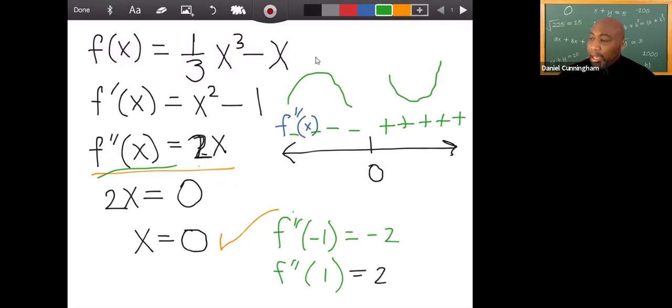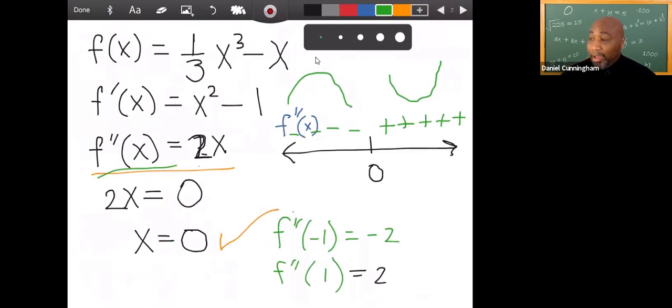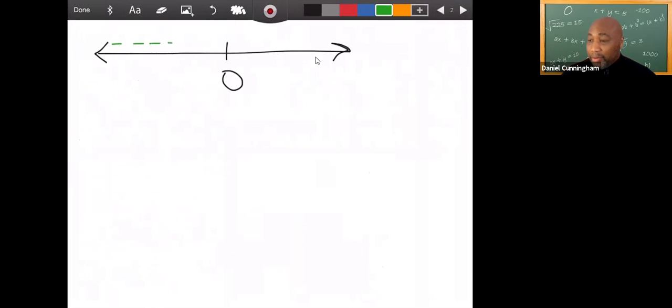So how do we write the answer for concavity? It's similar to what we did in increasing and decreasing. So let's rewrite our values here. Here's 0. And I have to look back to make sure I do the right values. This was negative, is that correct? So this is concave down. These values are positive.